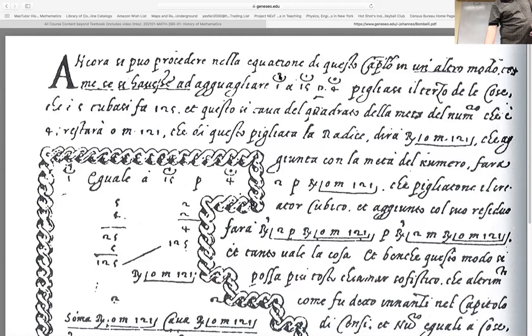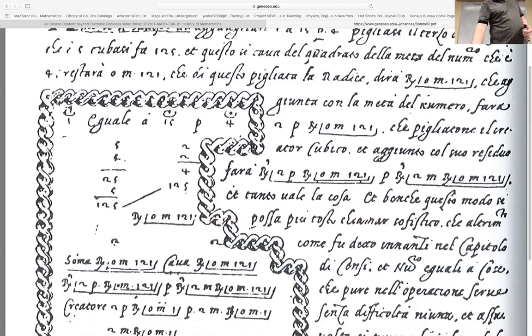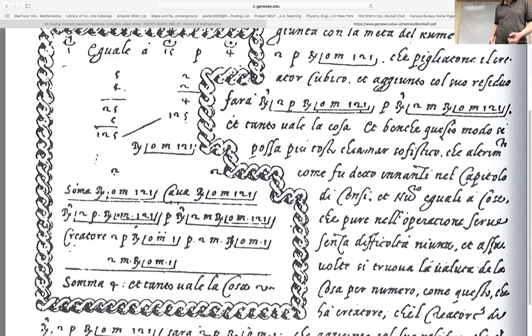There's a 3 up there, which tells me it's the third power, and a 1 here and a 0 power. Down here, he has 1 to the third power equals, oh, that we can pretty clearly recognize, 15 to the first plus, using the P for plus. All right, so here's Bombelli doing this work. And he gets an answer, which I will show you soon, and then maybe come back to what happens there. So let me stop this.